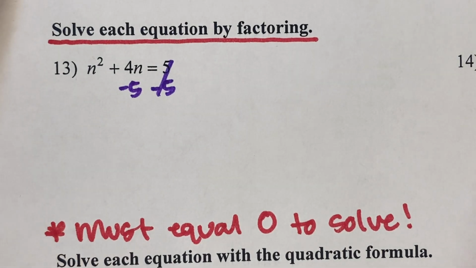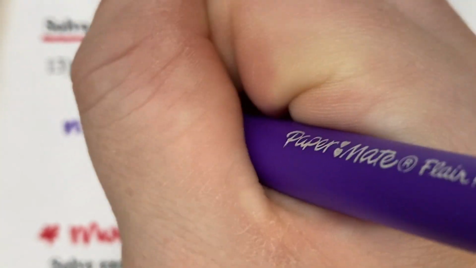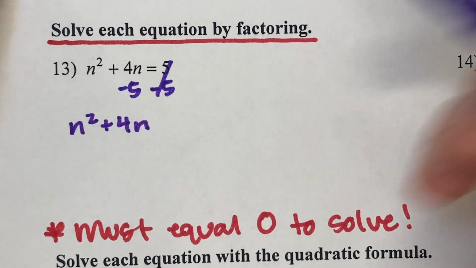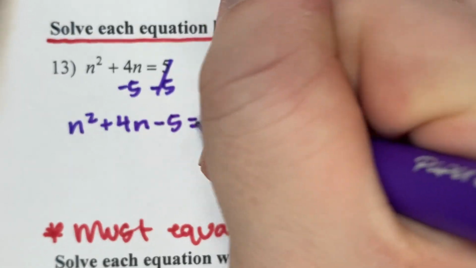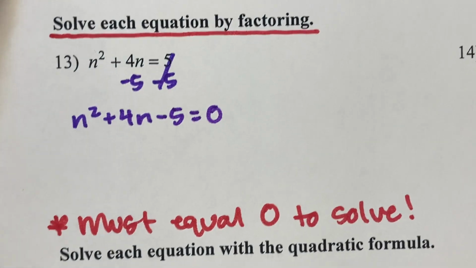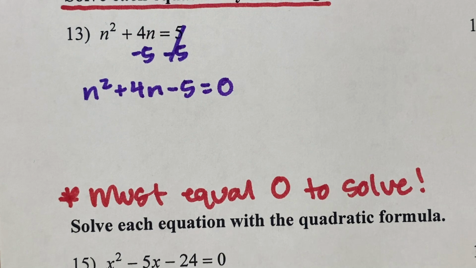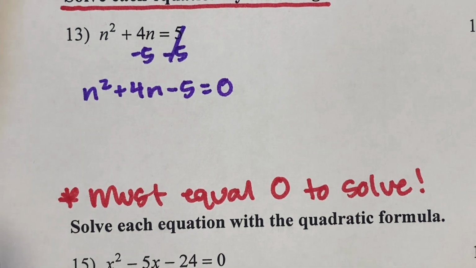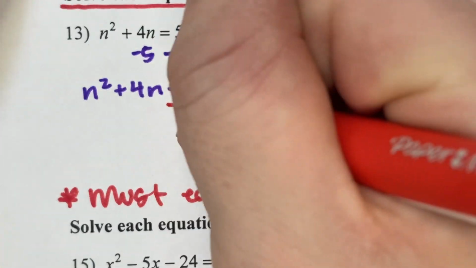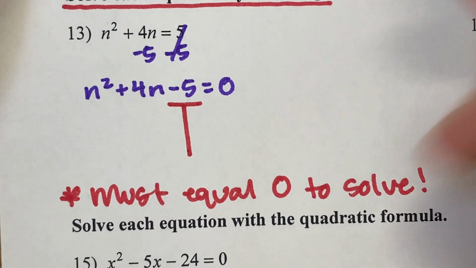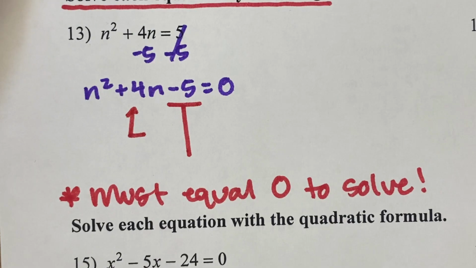So now we're just going to rewrite it as n squared plus 4n, that was over there, minus 5 on the end, and guess what? It now equals 0. Now we can play the number game with this guy. What two numbers multiply to negative 5 and are going to add to positive 4?